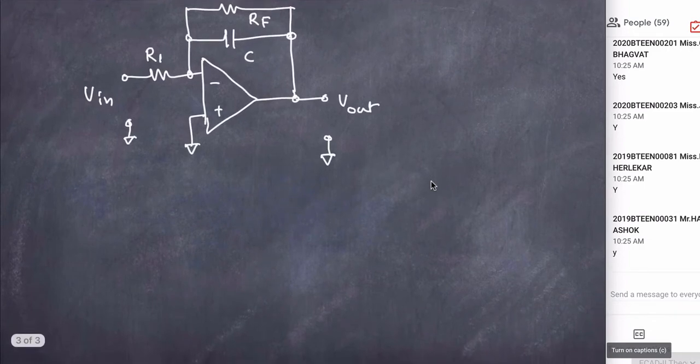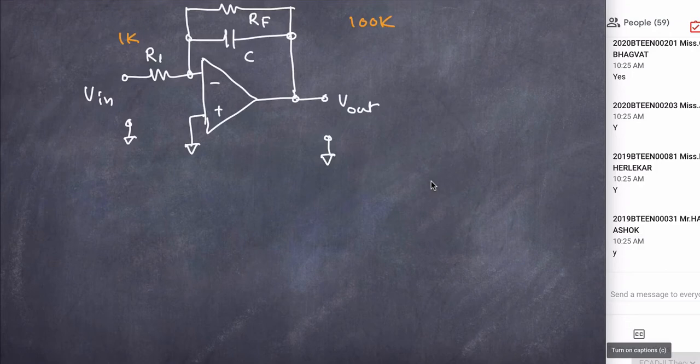The effect, suppose R1 is 1K, RF is 100K. RF should be as large as possible because we want the feedback element to be a capacitor as far as possible. It means it should be a pure capacitor, then it's the best, a very good integrator.